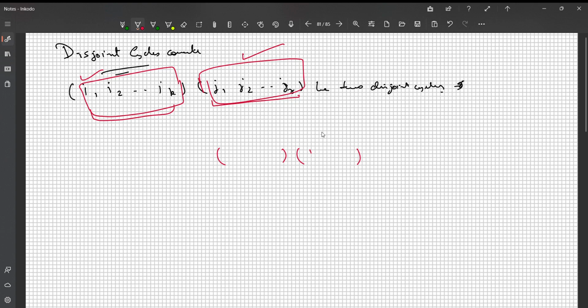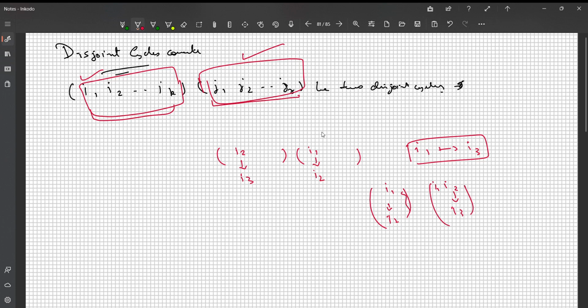In case of two general permutations being multiplied, they do not commute. The reason being, if you have some element i1 getting mapped to i2, and i2 is getting mapped to some different element i3, then starting from the right-hand side you will have i1 going to i3.